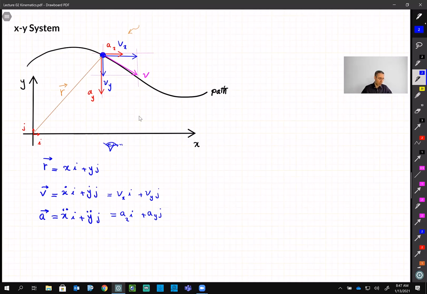It just sees one particle moving along one horizontal line. What is its speed? It's Vx. What is its acceleration? It's Ax. And then we have another guy standing here. He doesn't see anything in X. He just sees one particle moving up and down with the speed Vy and acceleration Ay. Okay? So let's stop here.